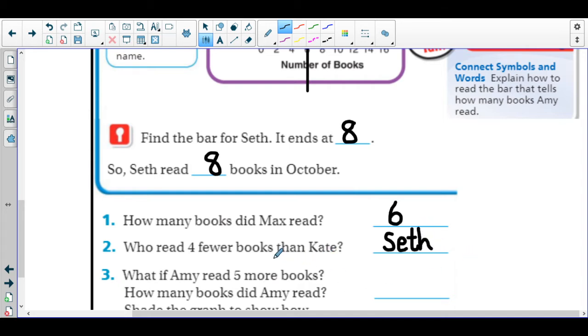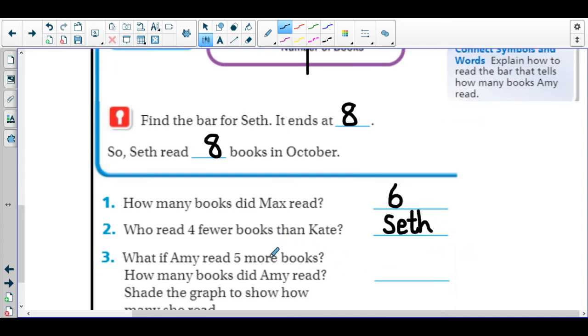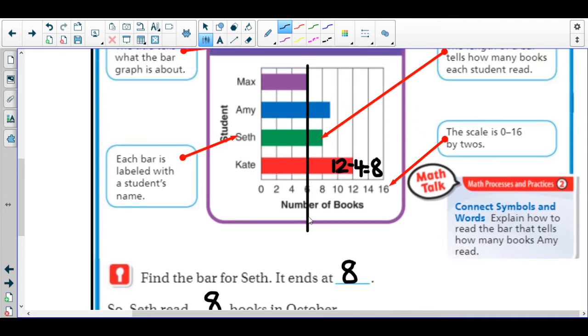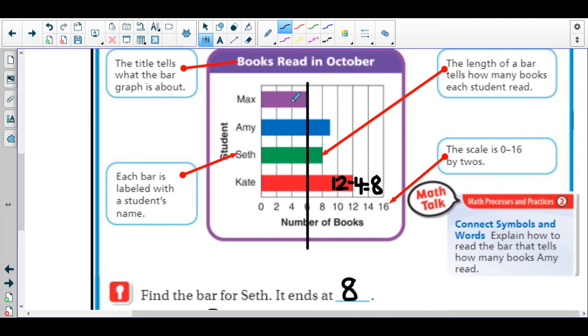Now, what if Amy read 5 more books? How many books did Amy read? Shade the graph to show how many she read. So, Amy read 5 more books. Now, this situation here with Amy is really interesting.